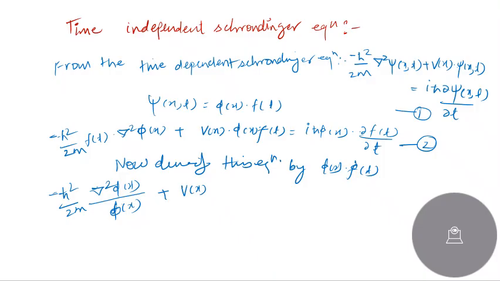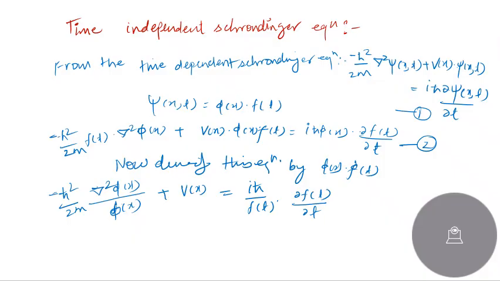Here both the functions will be cancelled out, and here psi x will be cancelled out. So what will be the final: i h cut upon f(t) into del f upon del t. So here we got the function of x, and here we got the function of t.